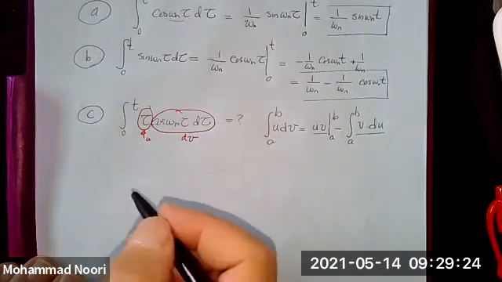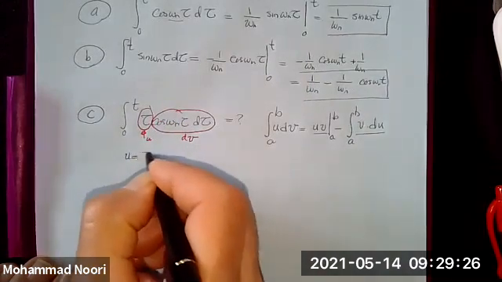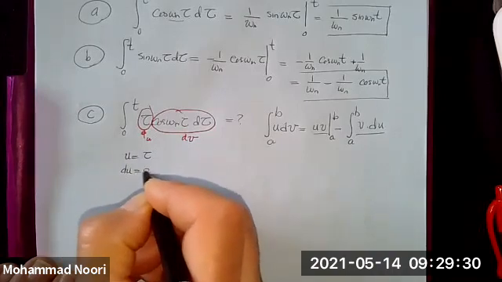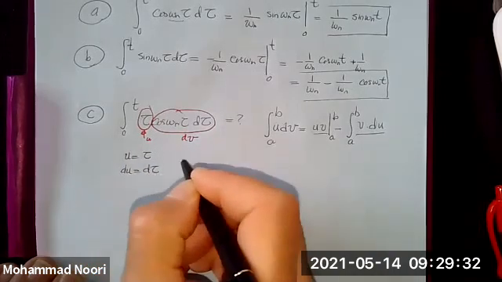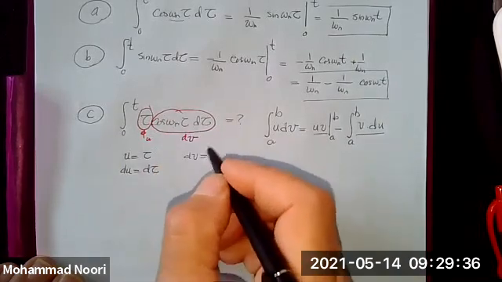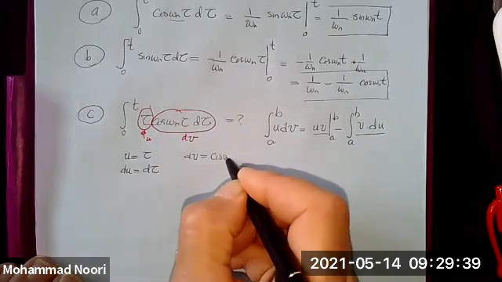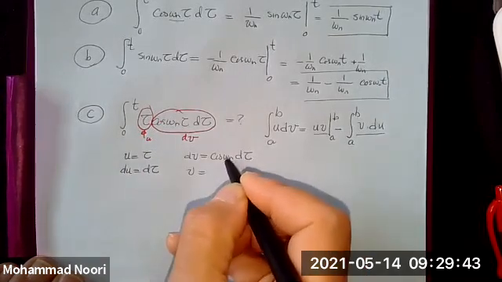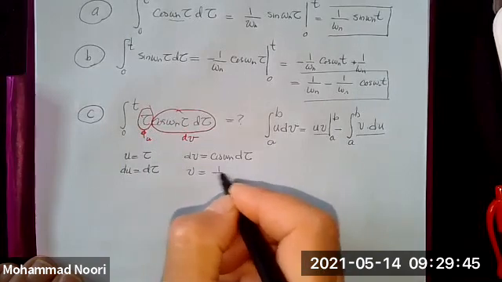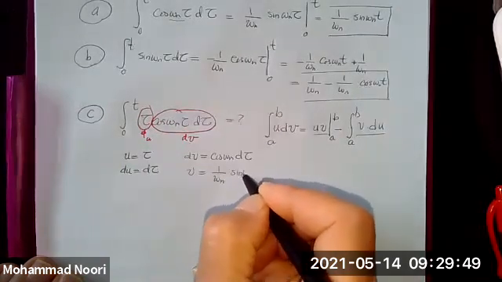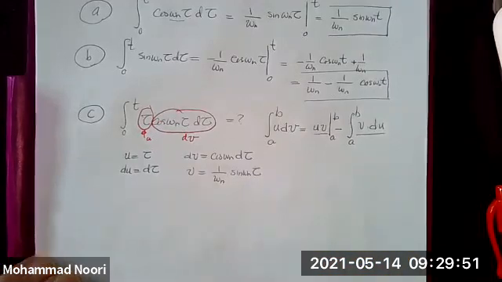So u is tau, so du would be d tau. dv is this cosine omega n tau d tau. So v would be the integral of that, which would be 1 over omega n sine omega n tau.